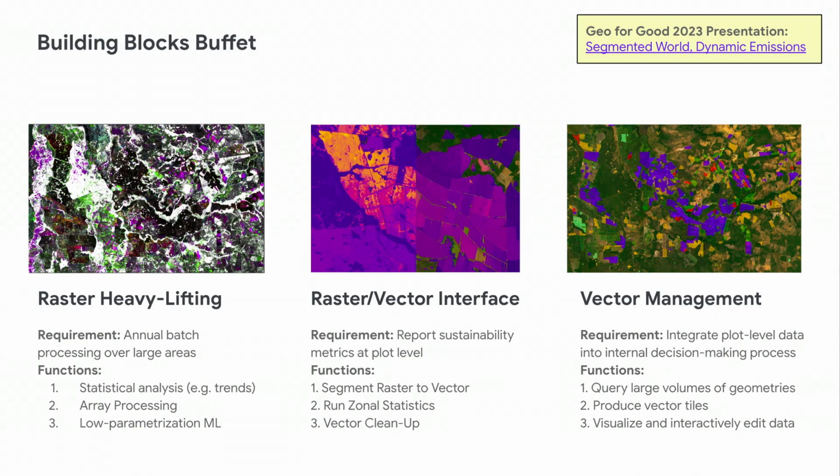So a bunch of blocks that we have to consider. Earth Engine is great for us because we can do some raster heavy lifting, with a lot of functionalities. Like I mentioned, the raster vector interface is very important for us. We need a lot of capabilities. We don't want to be blocked by a certain technological choice, and that's something to really keep in mind.